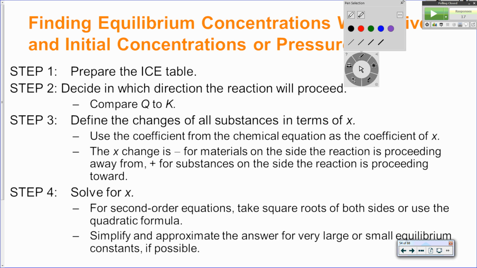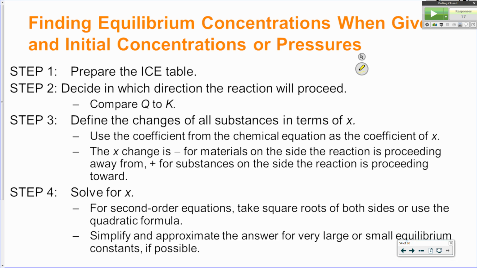So we're going to have to set up an expression mathematically, given the initial concentrations and the K sub C value, and find out what the equilibrium concentrations in the system are.